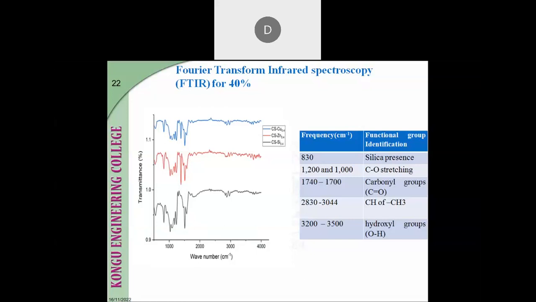From the results, we can say the FTIR detection of bands is around 3433 on the biochar electrode, which reveals the presence of the hydroxyl group. Also, the band values around 3300 to 3500 are for the hydroxyl group.